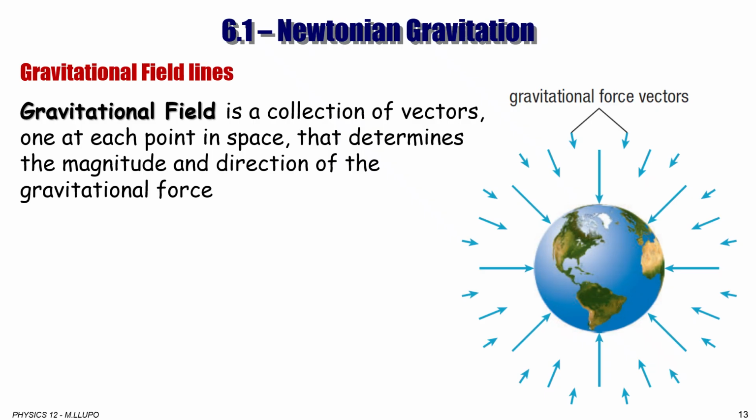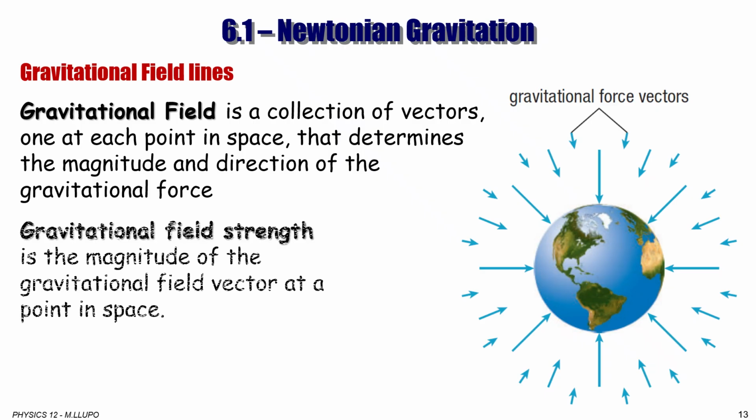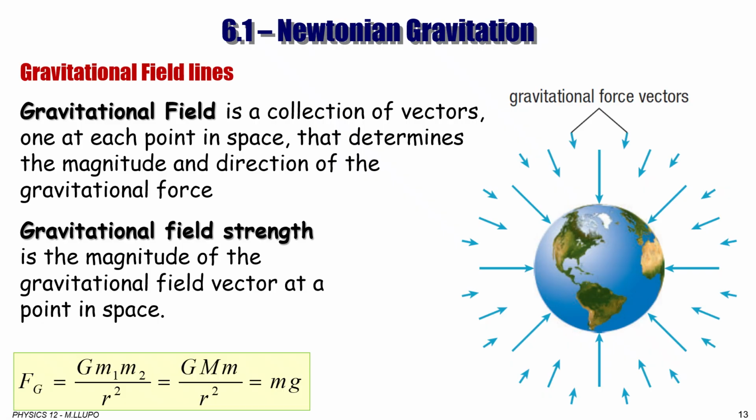A gravitational field is a collection of vectors, one at each point in space, that determines the magnitude and direction of the gravitational force, and the gravitational field strength is the magnitude of the gravitational field vector at a point in space. So it's very, very similar.